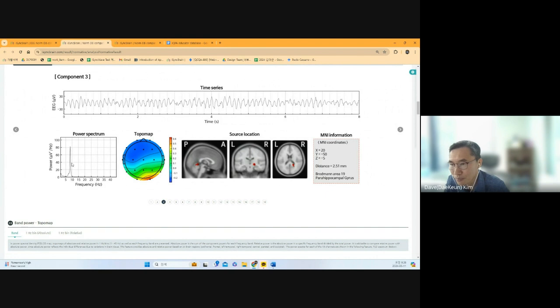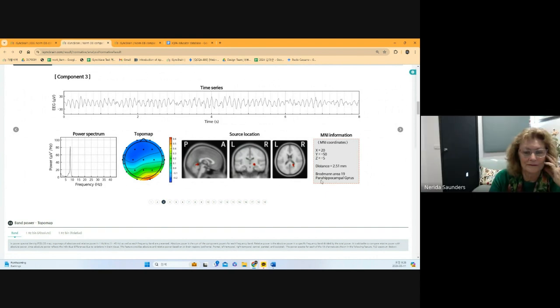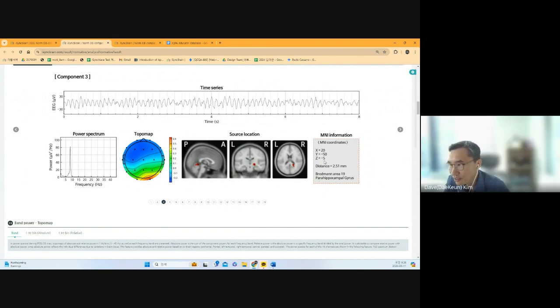Alpha is not so fast, but this is quite close to Brodmann area 19, the visual cortex. But actually, it is also close to the parahippocampal gyrus, so it is also kind of close to a temporal source.